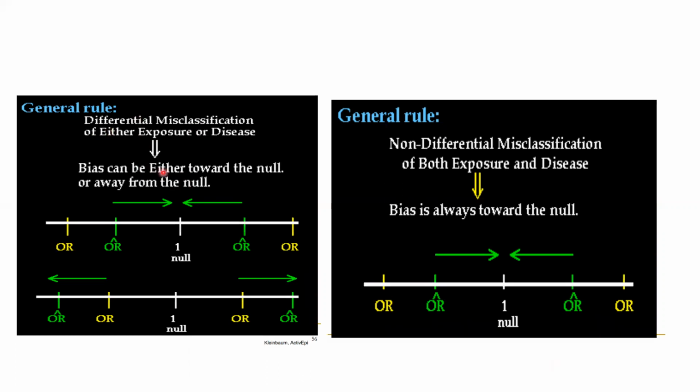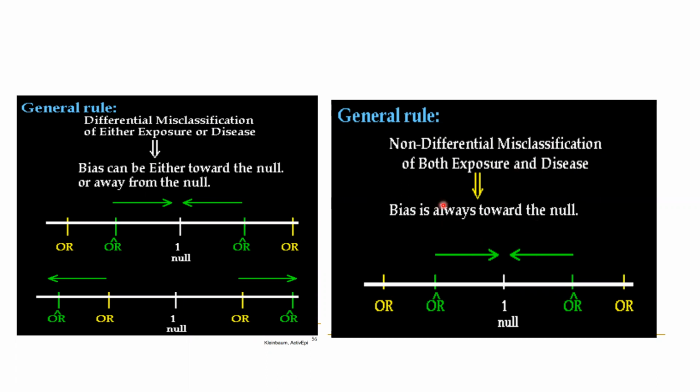So differential misclassification can go in both directions, but because it can go away from the null and overestimate your effect estimate, it is quite problematic. And for non-differential misclassification of both exposure and disease, in general, the bias is always toward the null. So it will attenuate your association, which is not as problematic as the other case.